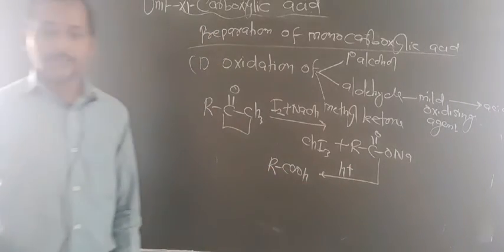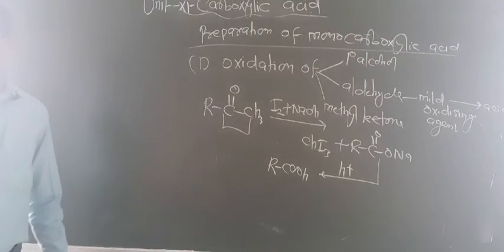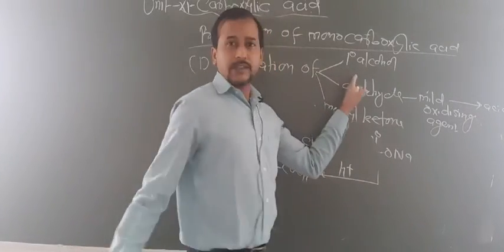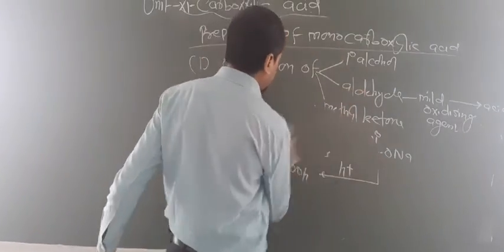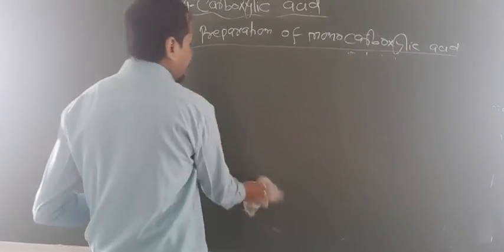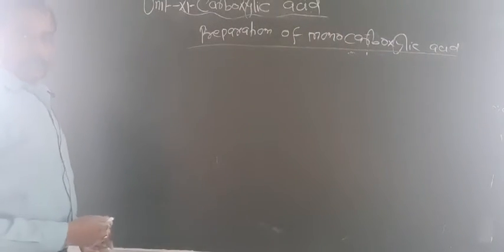So by this way, these are the general methods of preparation of acid: you can change alcohol, aldehydes or methyl ketone into acid. Okay, dear friends, here I told you that 2 degree alcohols will give ketones and 3 degree alcohols do not respond to oxidation, due to absence of alpha hydrogen.